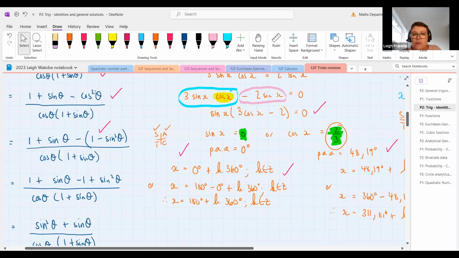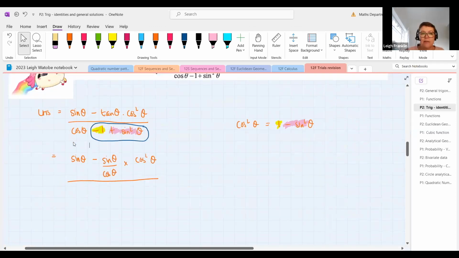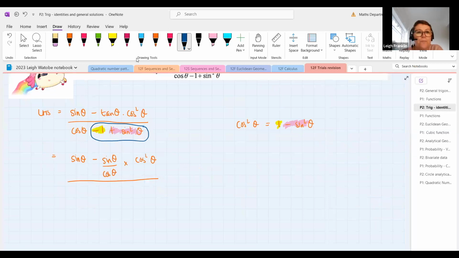So rather than changing to cos squared theta, let's change the 1 into sine squared theta plus cos squared theta. I think that's going to be a little bit easier for us in this case. So what I'm going to do is bring down the cos theta minus, and then in place of the 1, because the 1 is changing into a binomial, use brackets. Now I've got sine squared theta plus cos squared theta. Then I'm going to extend that line a little bit and bring down my plus sine squared theta like so.